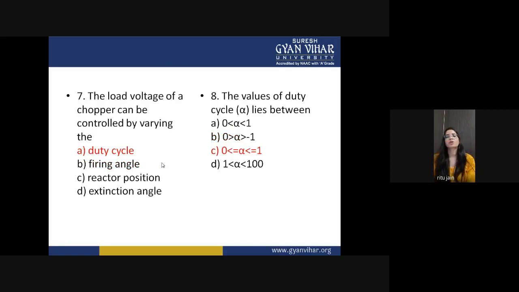The load voltage of a chopper can be controlled by varying the duty cycle, firing angle, reactor position, or extension angle. So the load voltage of the chopper can be controlled by varying your duty cycle. Next, the maximum value of duty cycle alpha is always less than or equal to 1. So C is the right answer for that.